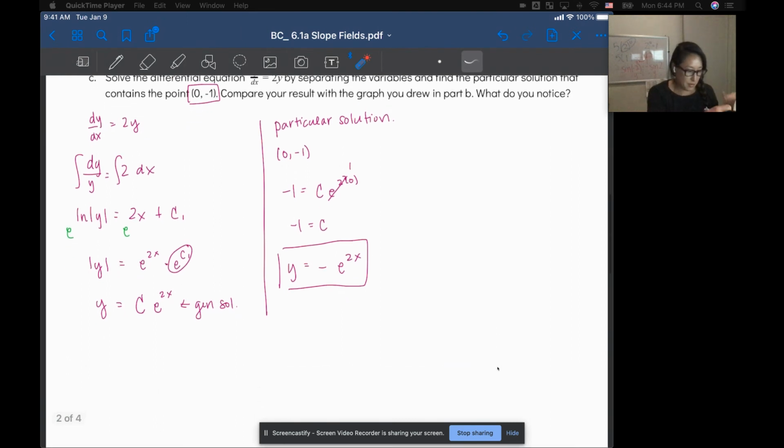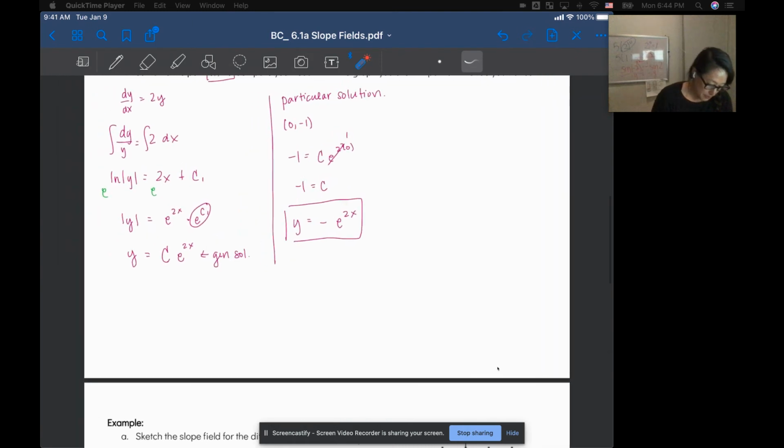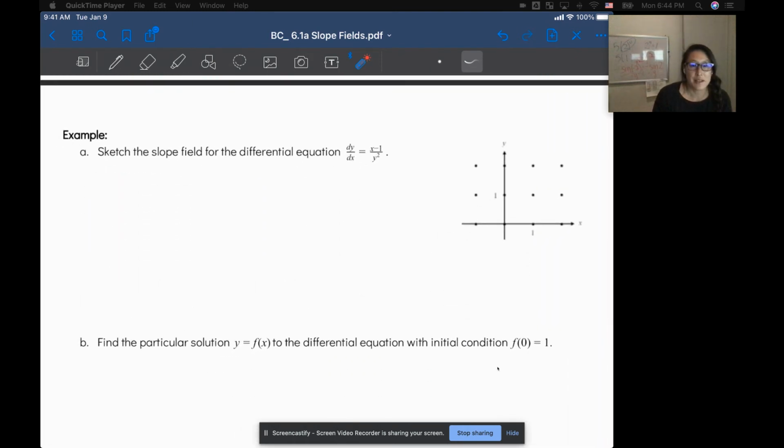Okay, I have one more for you, and then I have a present. Slope fields take a while to sketch, so I would like you guys to go ahead and sketch your slope field, and I'm going to pause this video.